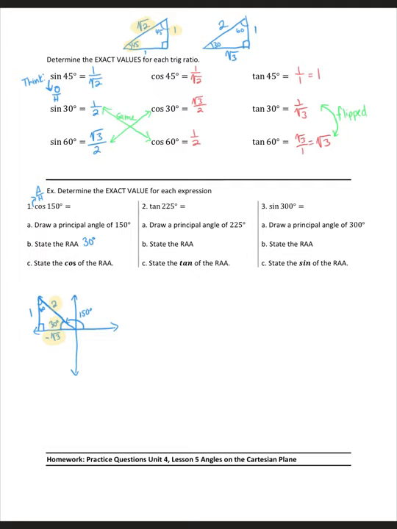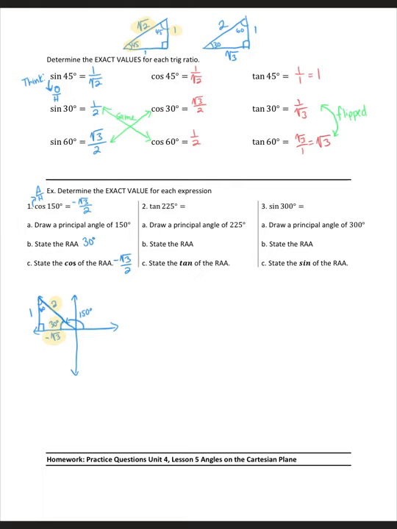So in that case, the cosine of the related acute angle is a negative radical 3 over 2. That is the cosine of whatever angle they gave you, and you're going to take that sign with you. So the cosine of 150 is going to be a negative radical 3 over 2.